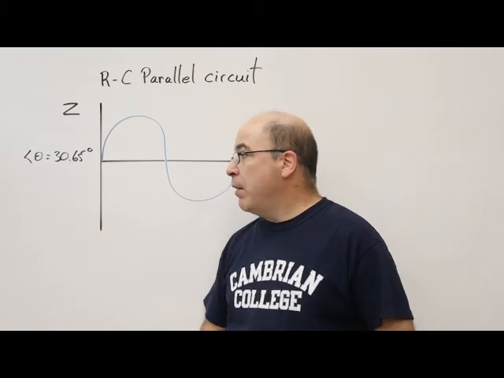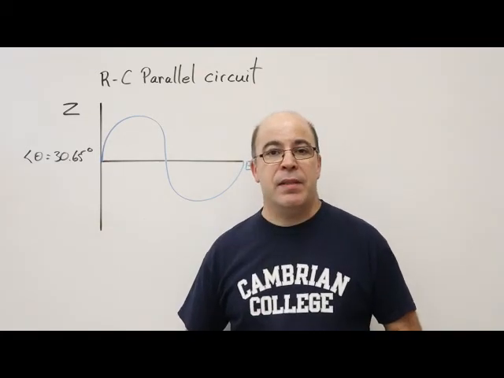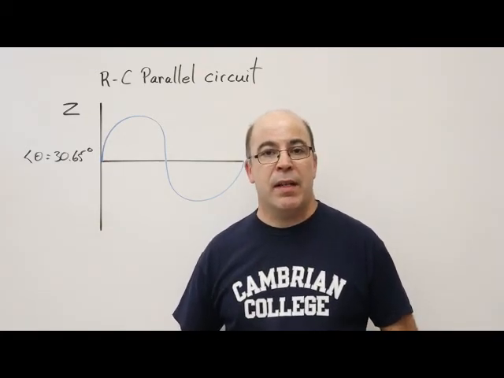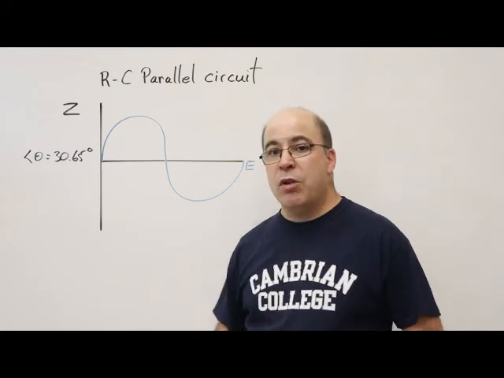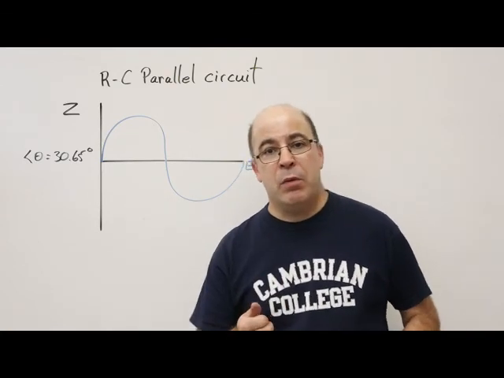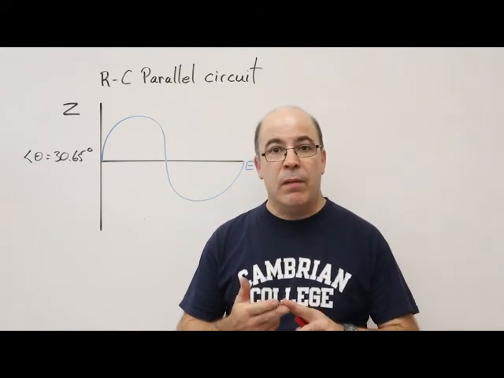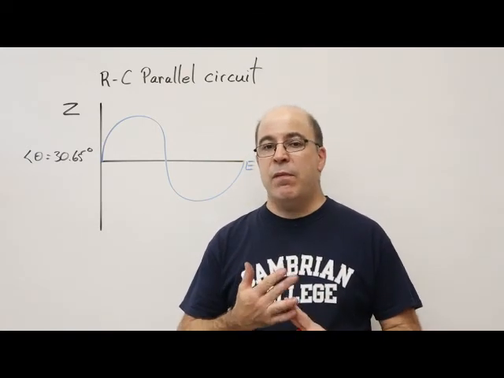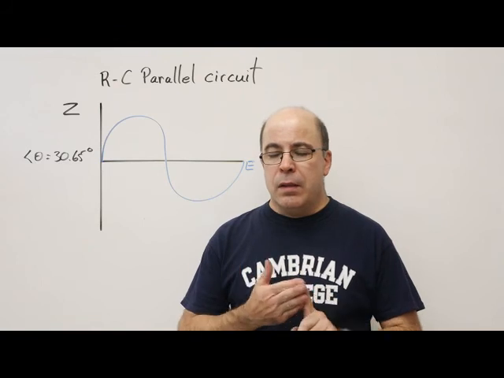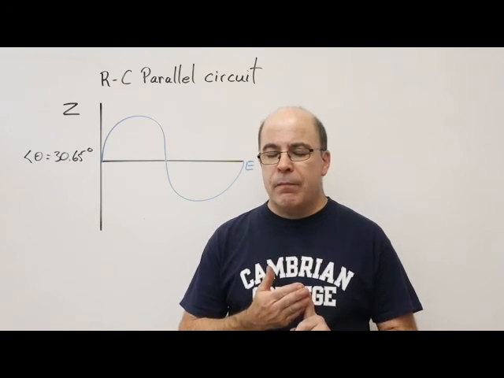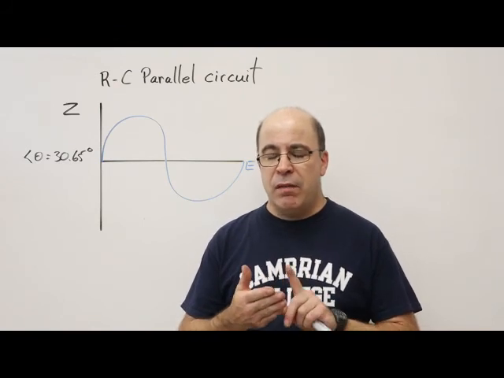Because of the fact we've calculated a phase angle difference of 30.65 degrees, that's going to be fairly easy to draw in. Now, we got to remember one thing as well. Capacitors are known for resisting a change in voltage.